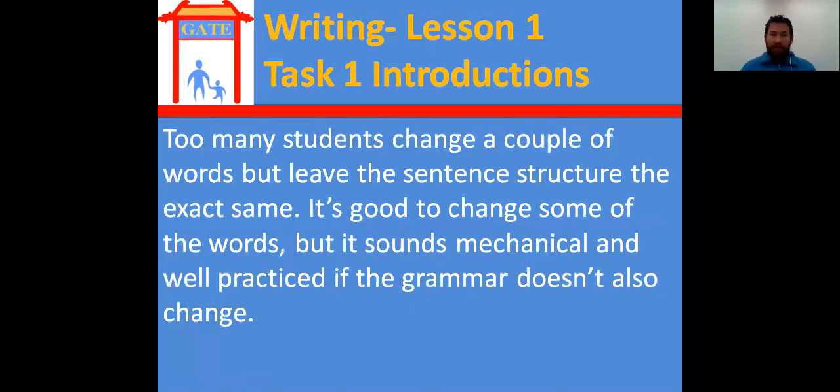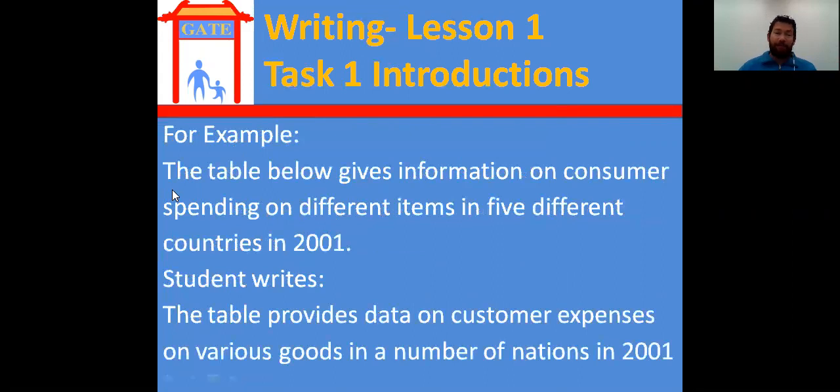And don't worry, I'm going to show you about this. But first of all, what students do is this. If this was the question: the table below gives information on consumer spending on different items in 5 different countries in 2001. That's the sentence from the question. What students might do is go down here. Below, gives, provides. Information, I can change that to data.